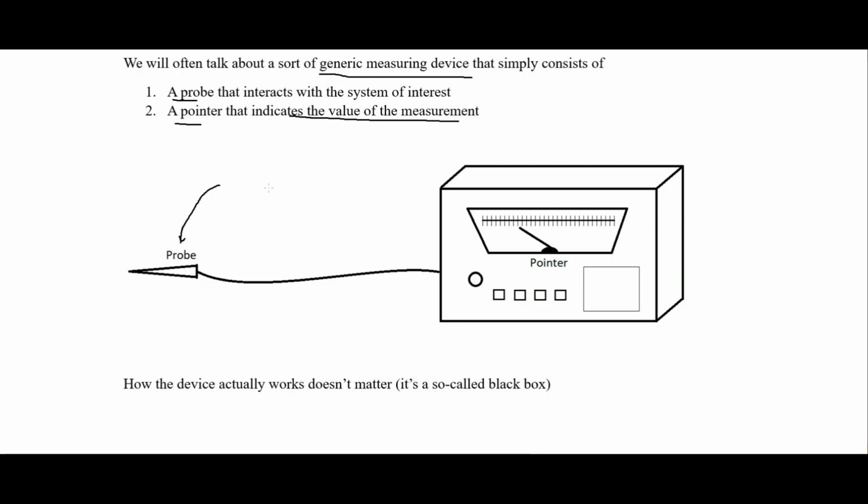So, if you want to measure the charge of a particle, for instance, you put the probe in, you touch the particle with the probe, and the pointer here will give some output saying what the charge is.